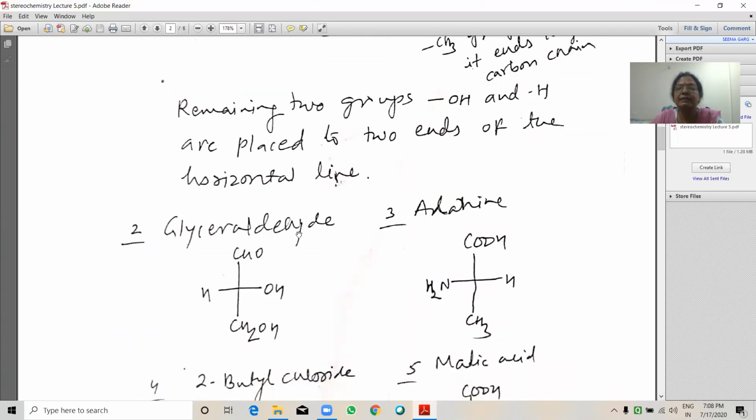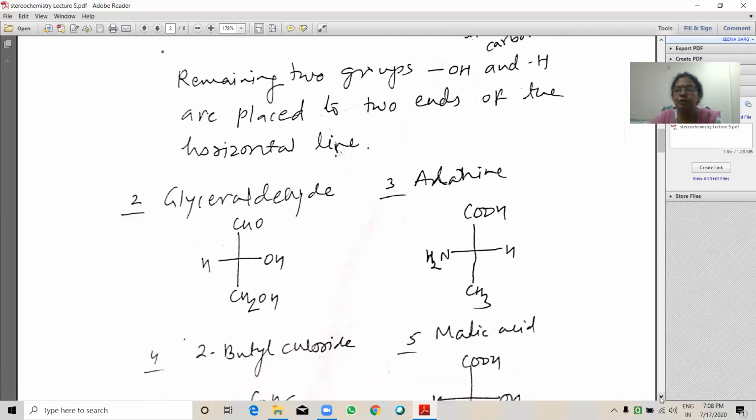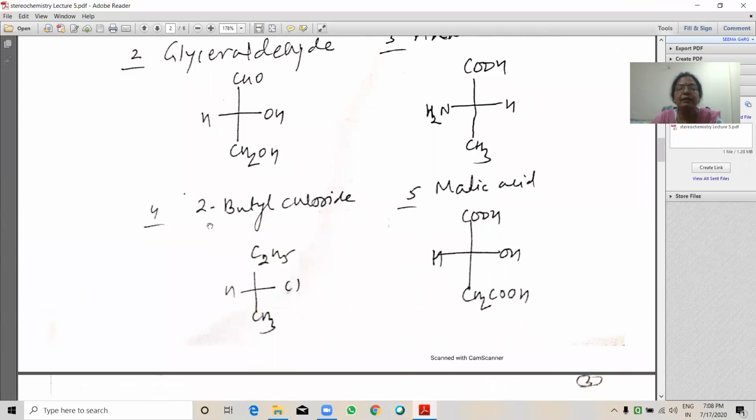Another example, glyceraldehyde. In glyceraldehyde, the aldehyde group is on the top, the CH2OH group on the bottom, whereas H and OH are on the horizontal line. Alanine: here the carboxylic group is on top, the methyl group is on the bottom of the vertical line, whereas NH2 and H are on the horizontal line. So this is the Fischer projection formula of alanine.